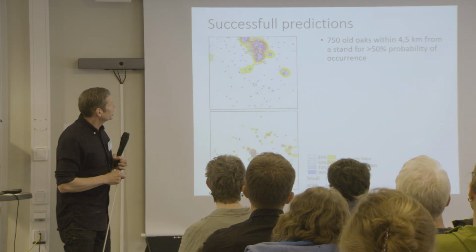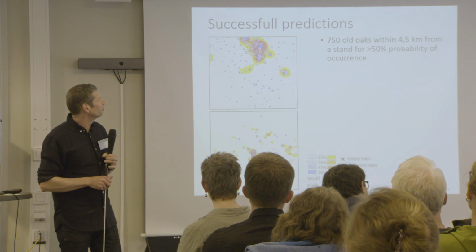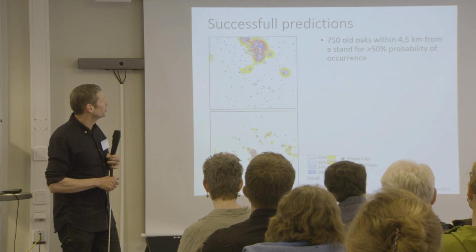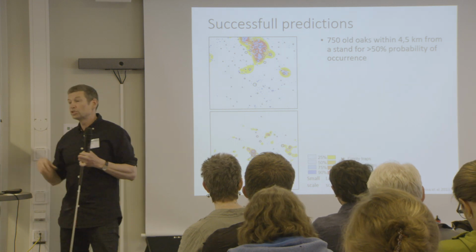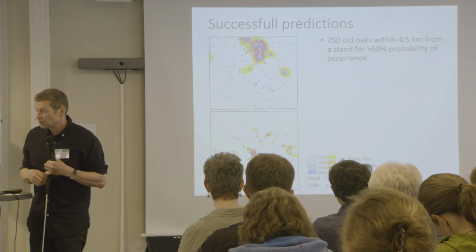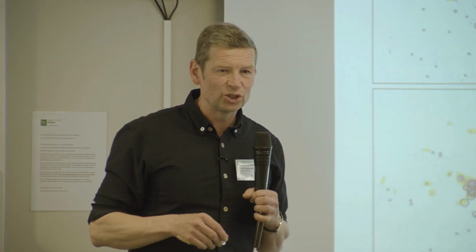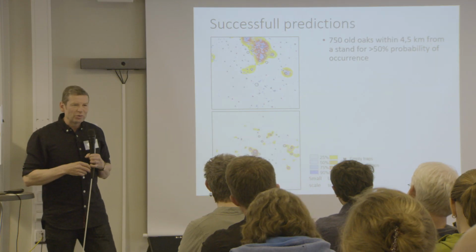These guys needed 750 old oaks within 4.5 kilometers for a stand to have a more than 50% probability of occurrence. And what we did here also, we used one of these data sets to predict the result of the other data set. So we tried to make a prediction here.